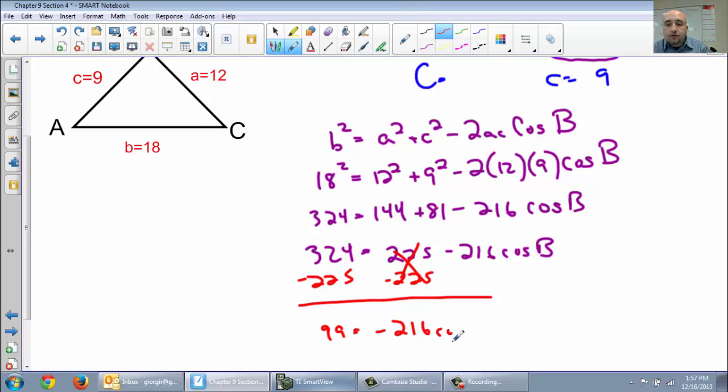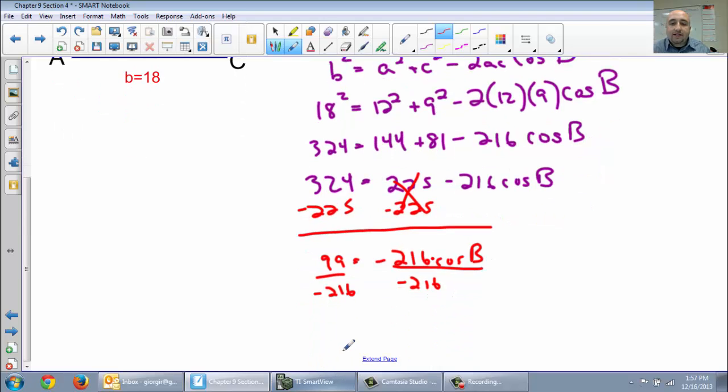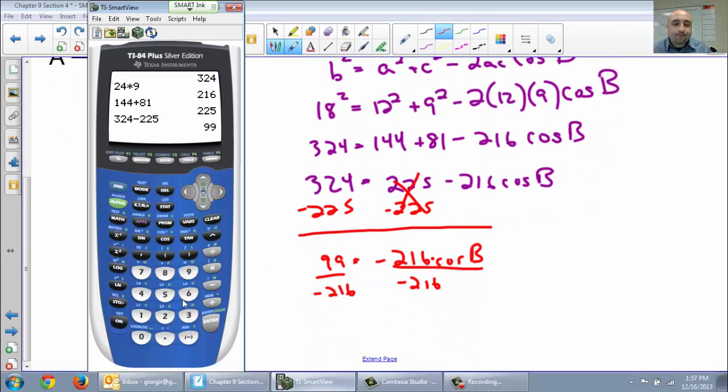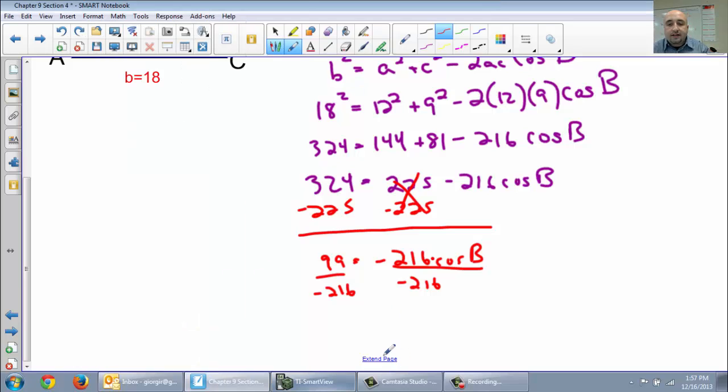Negative 216 cosine of B. And now notice this is being multiplied. So how do I get rid of multiplying? I divide by negative 216. So 99 divided by negative 216 equals negative 0.458. So negative 0.46 equals cosine of B.